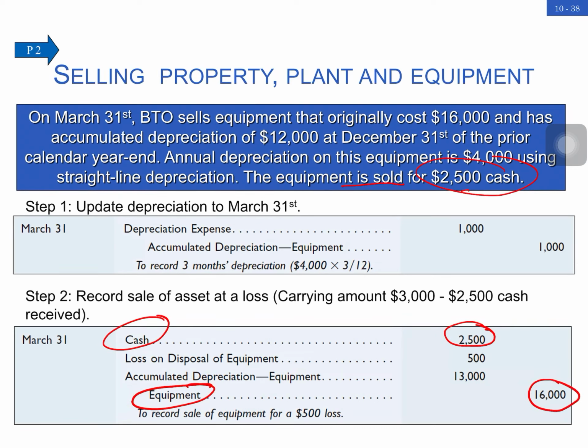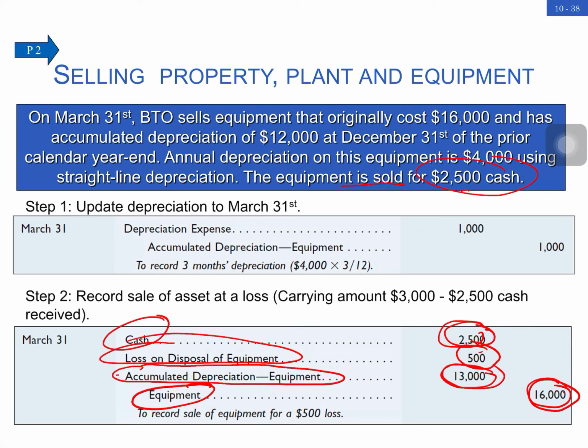You remove the equipment 16,000, and then you also remove the accumulated depreciation 13,000. So this is 16,000 on credit. This one is 15,500, not balanced yet. So you write 500 on the debit side. So this is loss on disposal.